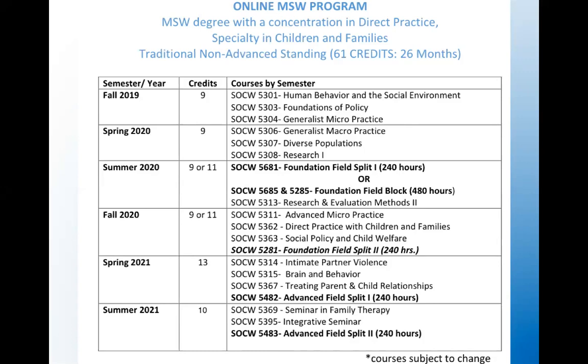After that, you'll launch into your specialty coursework or your advanced coursework, which you can see begins for full-time students in the summer of 2020 and then goes through the remainder of your time in the program. In this advanced coursework, you're going to get really specialized expertise that you develop in working with children and families in a variety of different kinds of settings.